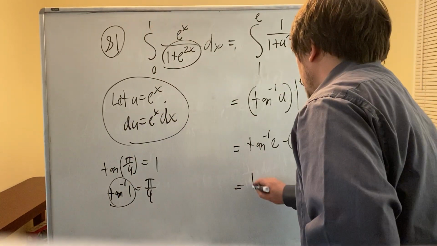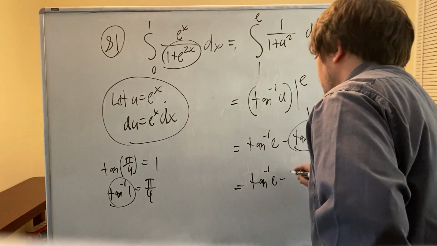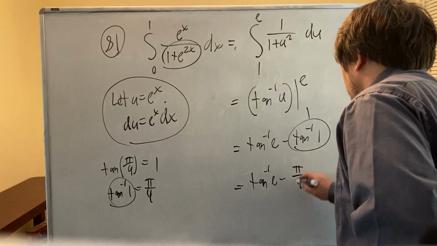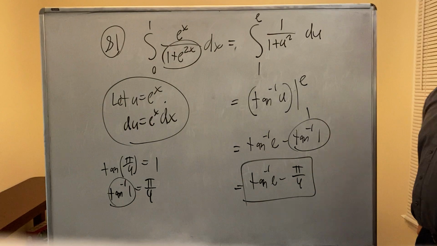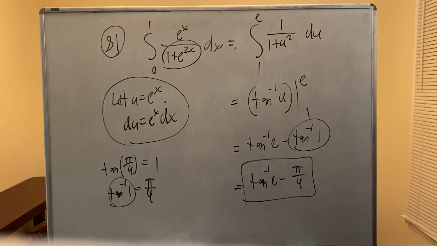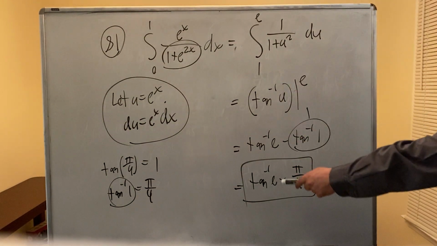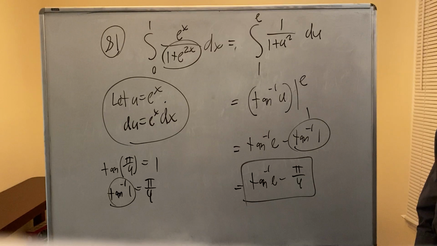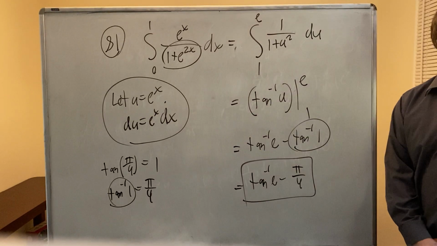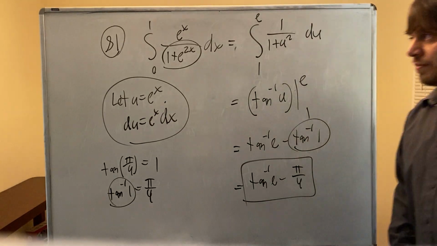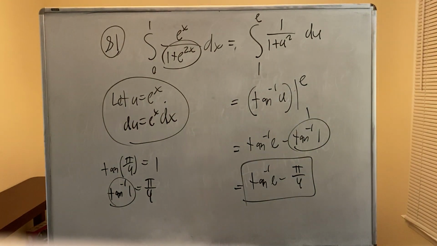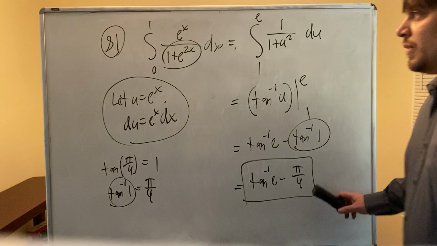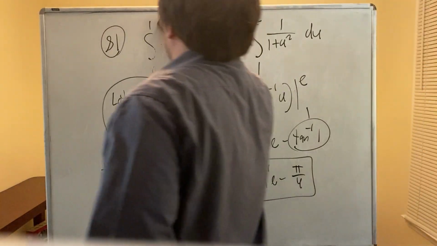So this is equal to tan inverse of e minus pi over 4. And that's the answer. So that definite integral is equal to tan inverse of e minus pi over 4. Okay, so that's the answer to that one.